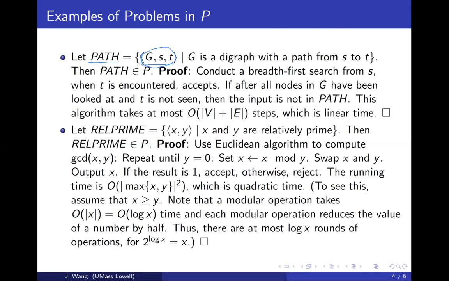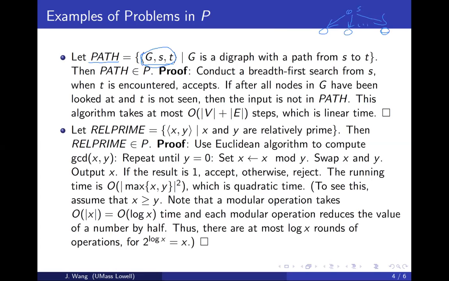So here's a proof. We just need to conduct a breadth first search starting from S. This is a digraph, so from S, all the nodes reachable in one step will be here.